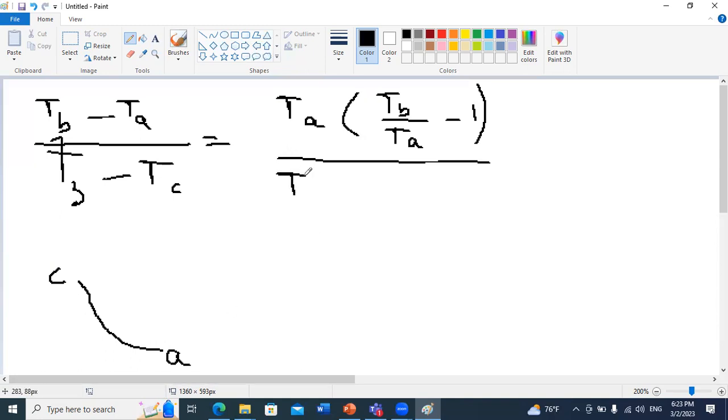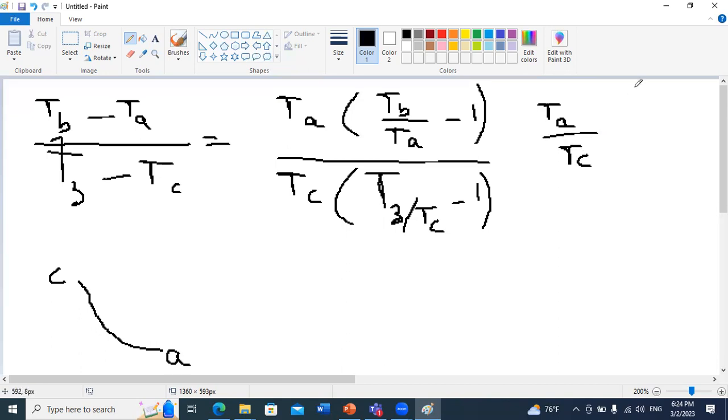So I will get TC times (TZ over TC minus 1). Now what can I say? I have three ratios to determine. I need to determine TA over TC.